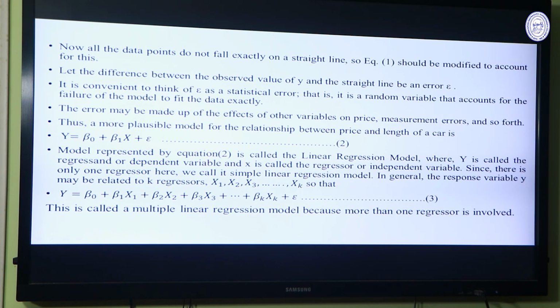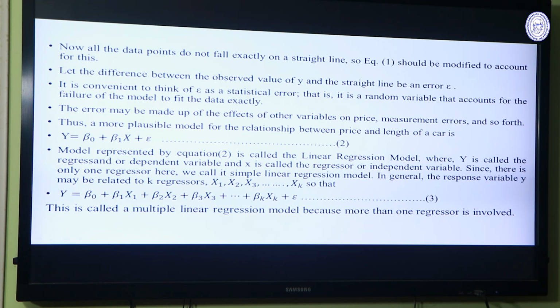Now, what will be the error? Where will that red point be? We do not know that. That is why it is completely random, it is beyond our control. We do not know how much difference there will be between the actual value and the expected value of the price of the car.